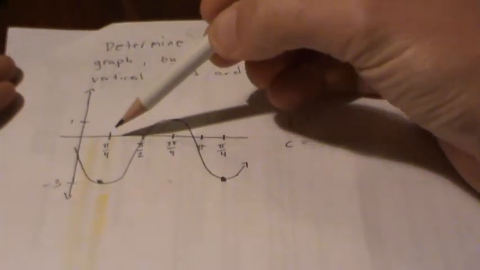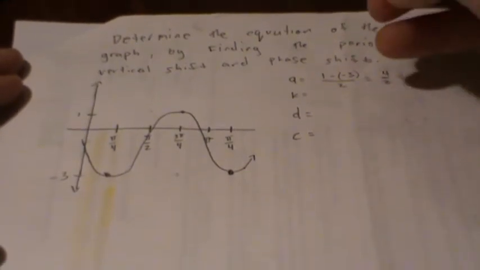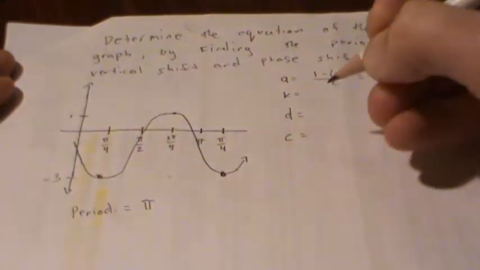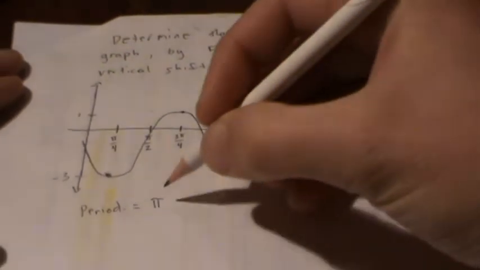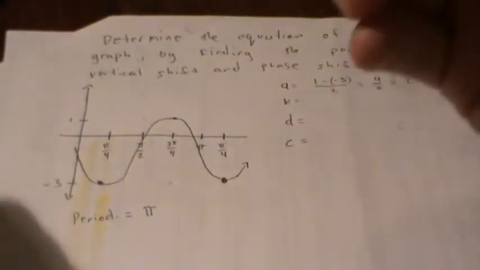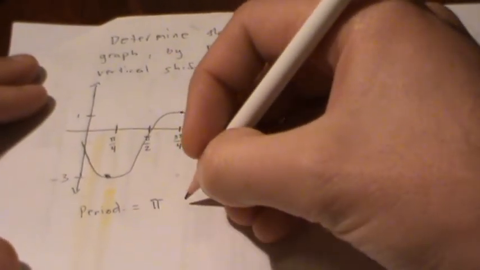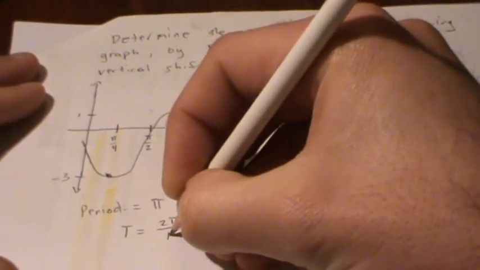Notice that was pretty easy to figure out. Now my period here seems to be pi, right? The k value and the period are related. We can't just write pi in for the k value. We have to figure out what the k value is going to be. Remember, for the equation, period is equal to 2 pi over k.